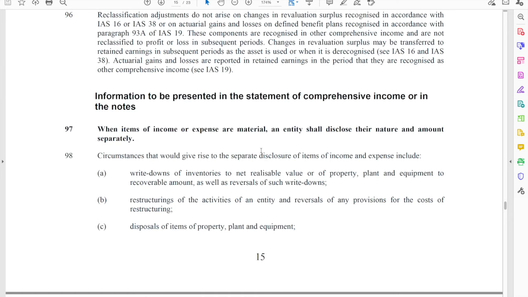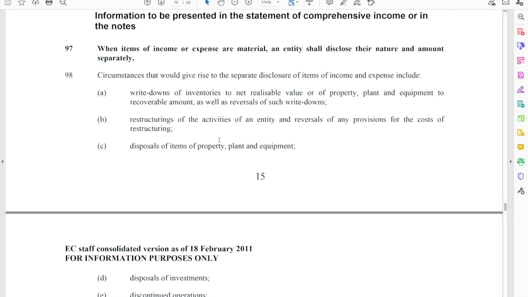Okay, di ba na-discuss ko naman sa inyo previously na ano yung notes to financial statements. Diyan natin pinipresent yung mga hindi natin mape-present dun sa mismong financial statements natin. Okay? Like income statement. So, diyan nakalagay yung some other explanatory information and the accounting policies and procedures we are using. Okay? But based on paragraph 98, here are some circumstances that would give rise to the separate disclosure of items doon na ilalagay natin sa notes to financial statements.